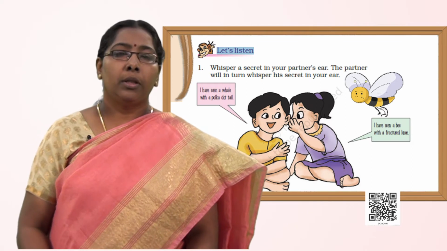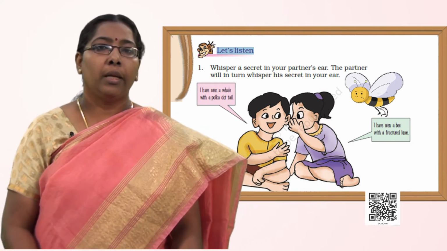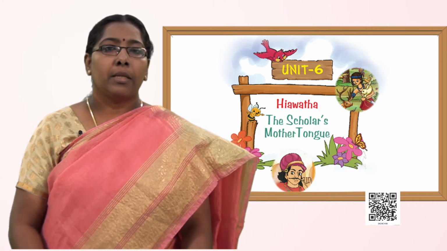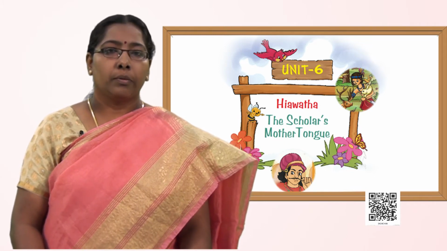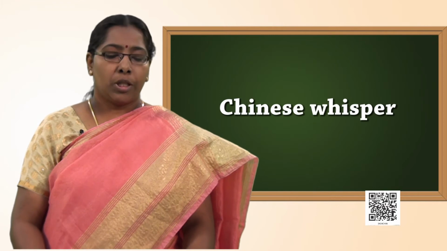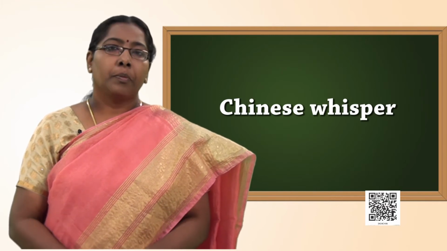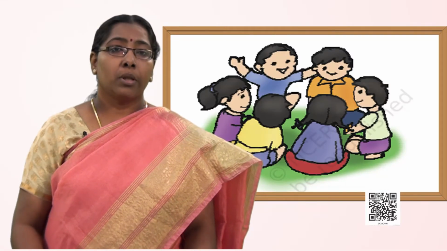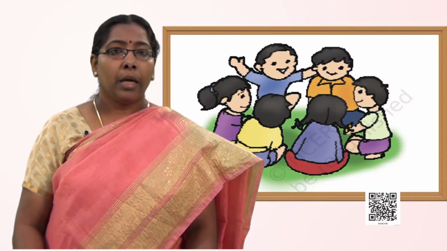Children, turn to page 111. You have a similar task as the previous one. It's called Chinese whisper. Yes, did you see that? You have to sit in a circle and you have to whisper.